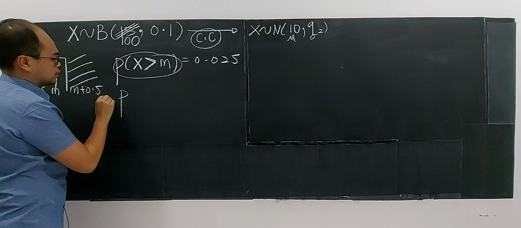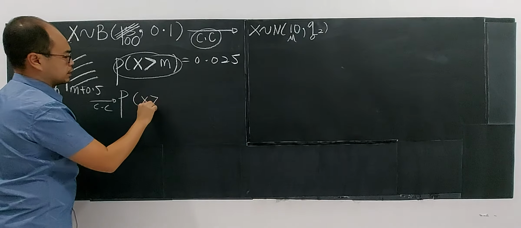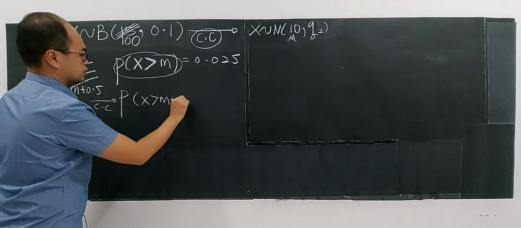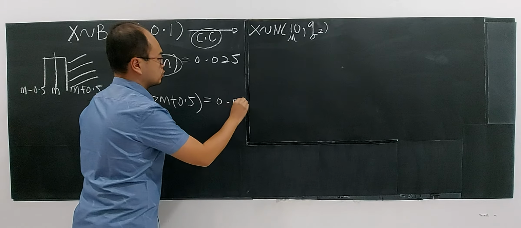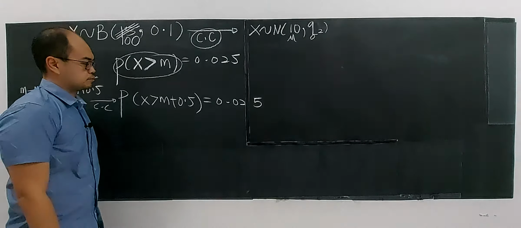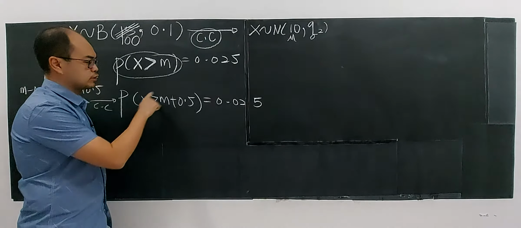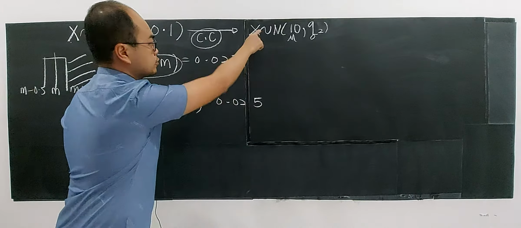After you do continuity correction, it becomes P(X greater than m plus 0.5) equals 0.025. Only after the continuity correction can you start using the normal distribution.